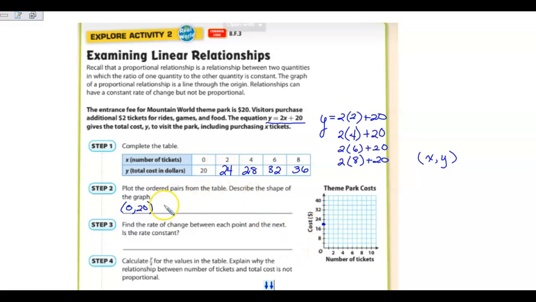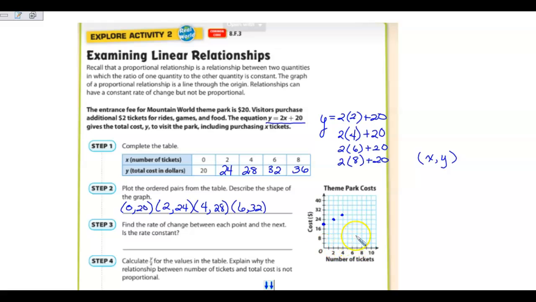Our second ordered pair is 2, 24. So we're going to come across the 2, and then we're going to go up to 24. Our third ordered pair is 4, 28. Graph it going across to 4 and up to 28. Our next one is 6, 32.